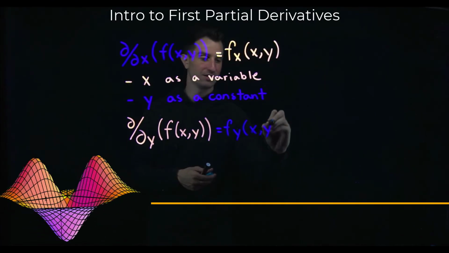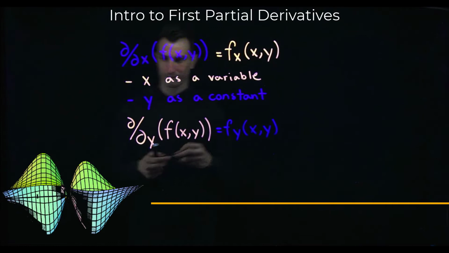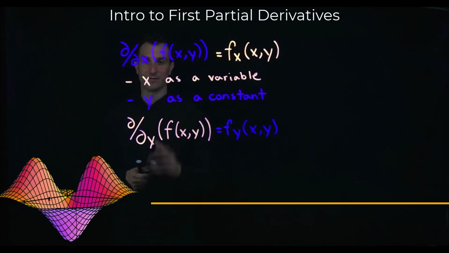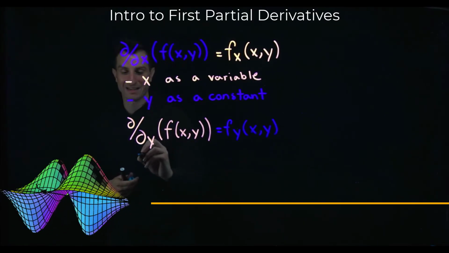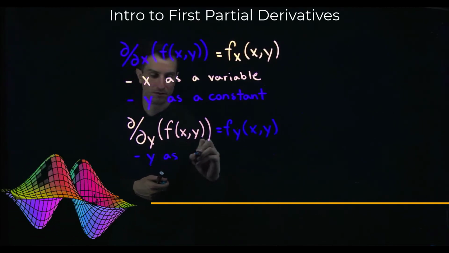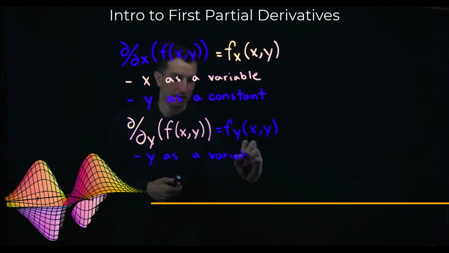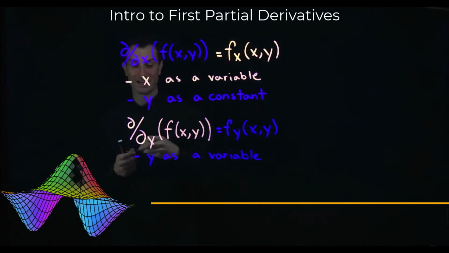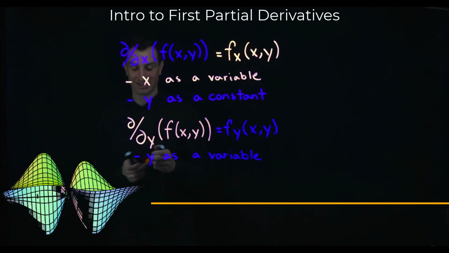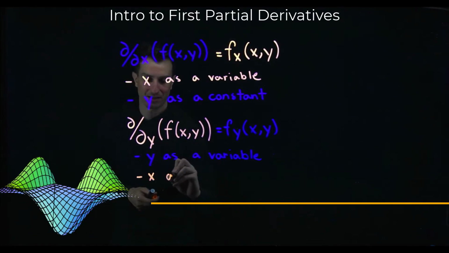Either of these notations is fine. What does this mean? We're going to treat y as the variable, and holding everything else constant means x is being treated as a constant.